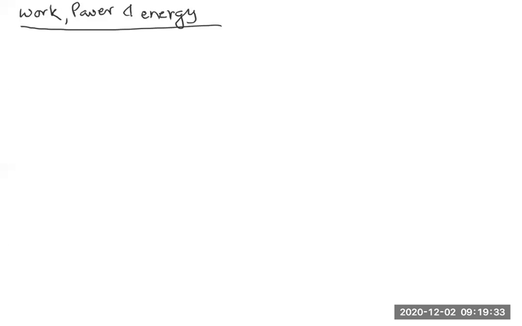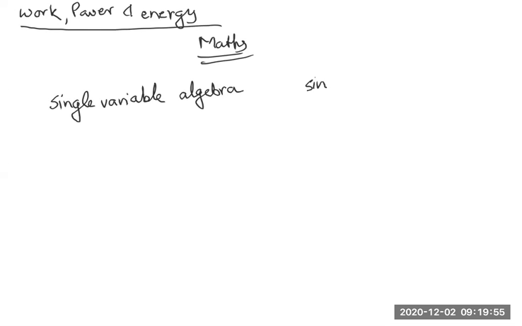So it turns out that in the world of mathematics, there is something called single variable algebra. And corresponding to this, there is something called single variable calculus. Right? So these two guys, they are related to each other. I can give you an example. Single variable algebra.